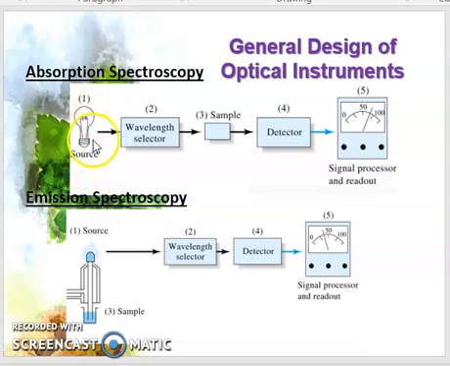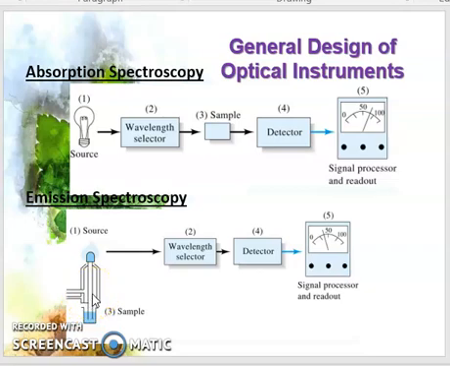If you look at these two, the difference between absorption and emission: in absorption you must have a radiation source, then this is our sample. In emission spectroscopy, the radiation source and sample are placed together, because we record emission. The substance needs to be excited first.